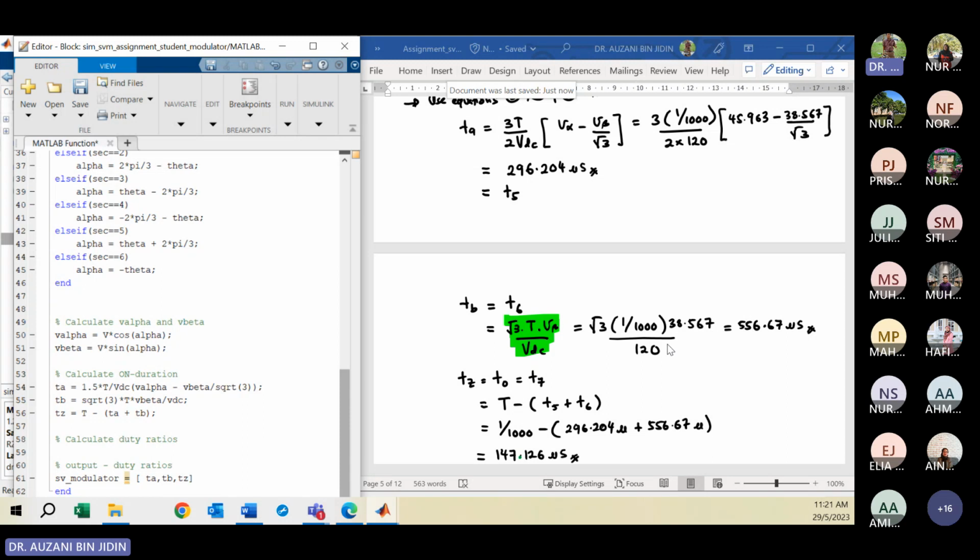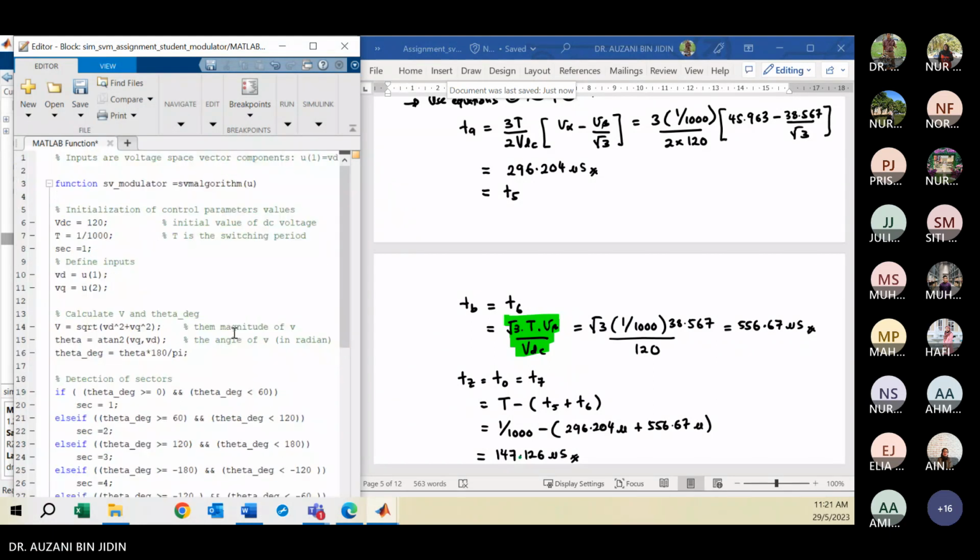We compare the calculation values here, 296, 556, and 147 for TZ. Okay, you close this one.